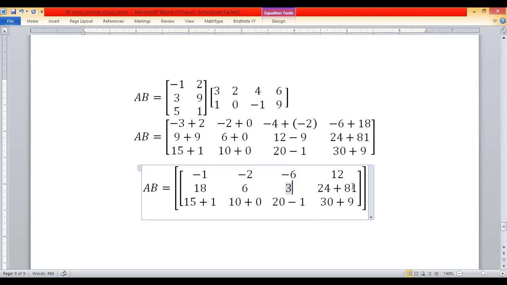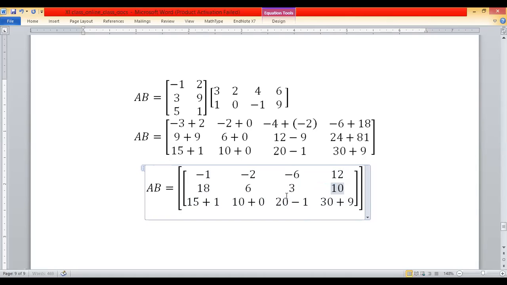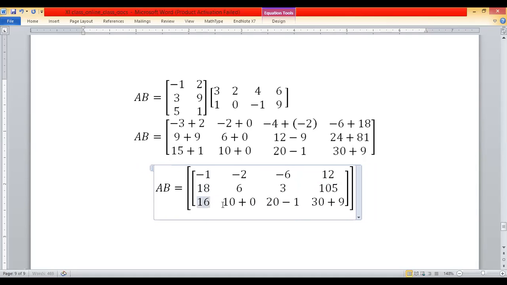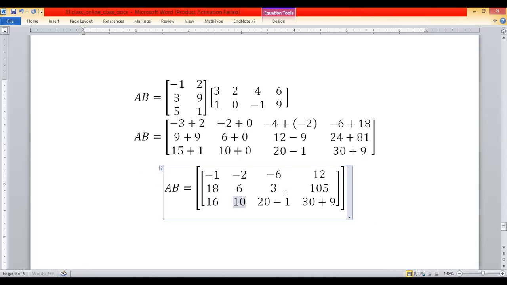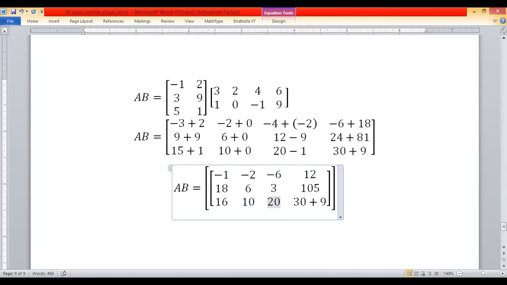And 81 and 24. 81 and 24 is 105. 16. 10. 19. 39.